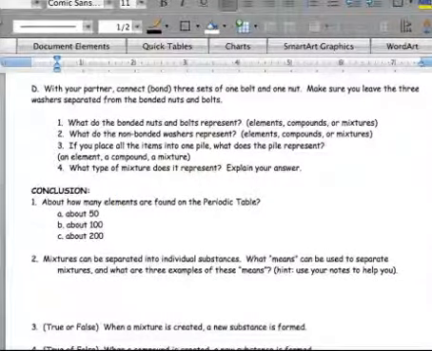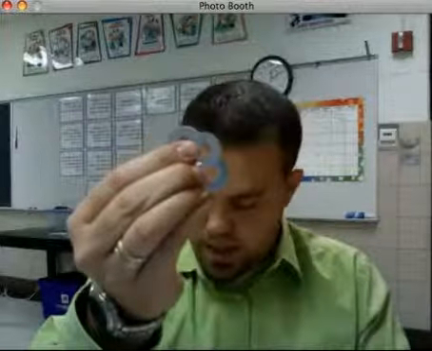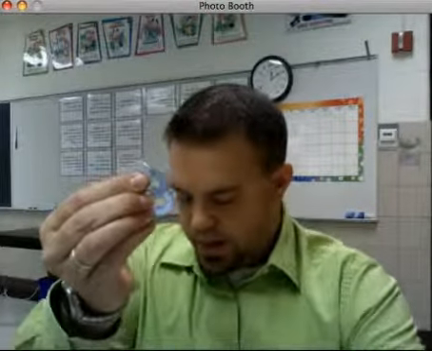That brings us to Part D, and this part says, with your partner, connect or bond 3 sets of 1 bolt and 1 nut. Make sure you leave the 3 washers separated from the bonded nuts and bolts. And then again, there are 4 questions that go along with it. So for Part D, this is what you should be looking at. So I have my 3 washers separated, and then I have the nuts and bolts bonded together.